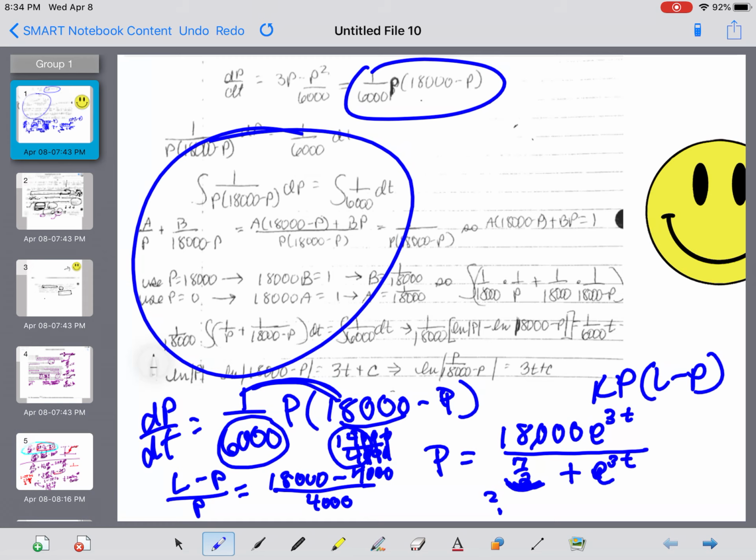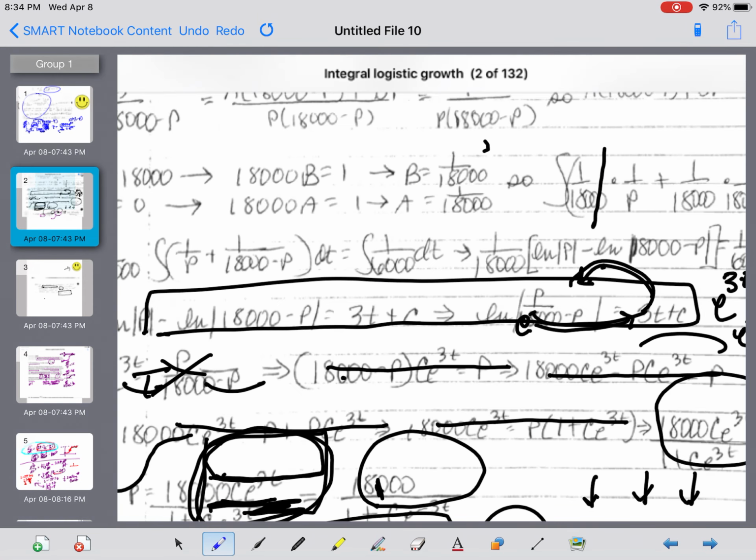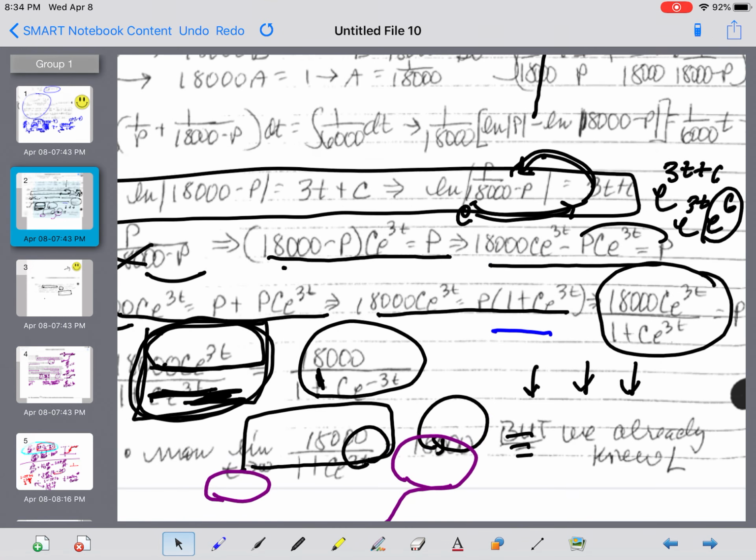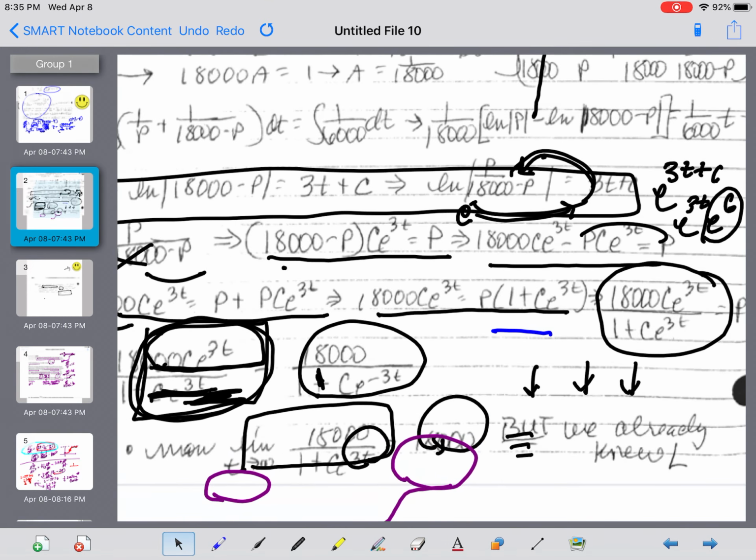This one I'm not going to finish, but I'm going to show you where we ended up. We ended up with this right here, which is a little bit different than what we have on the other slide.